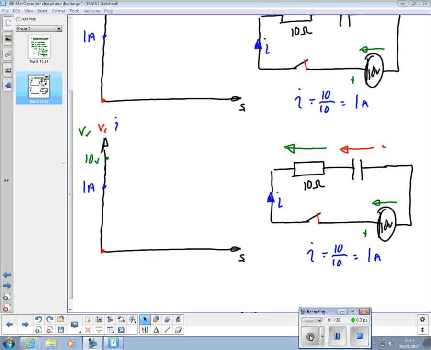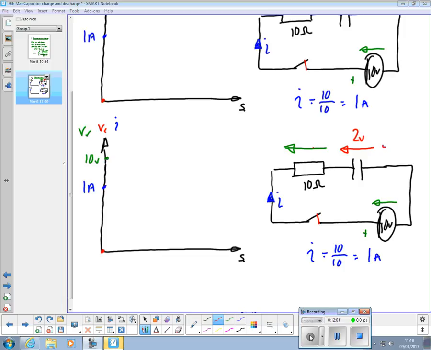What we're going to think about now is, after a short period of time, t seconds, after a second or two maybe, depending on the component values, as you're going to find out later, our capacitor voltage has gone up to 2 volts.